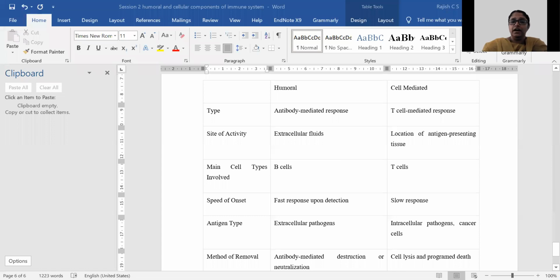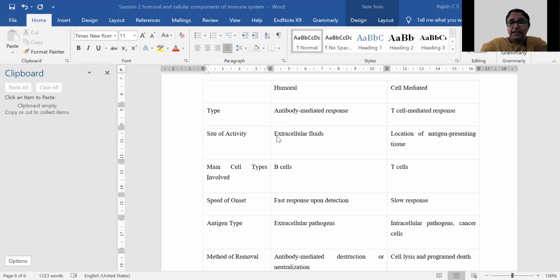Now I would like to summarize the difference between humoral and cell-mediated immunity. In humoral immunity, it is an antibody-mediated response, whereas in cell-mediated immunity, it is a T-cell-mediated response.